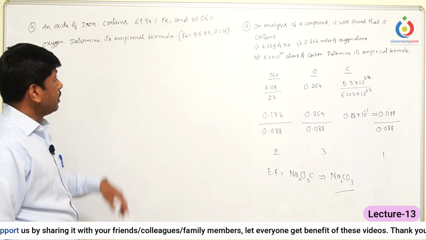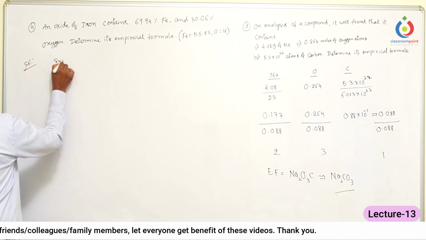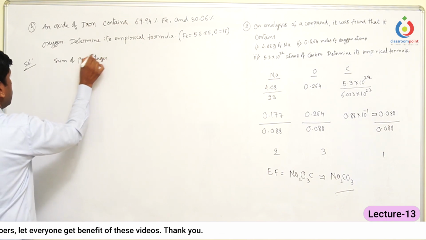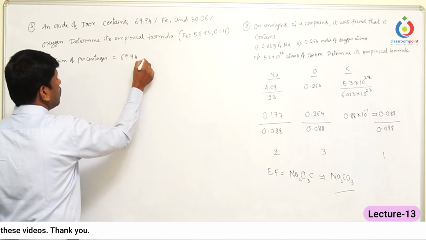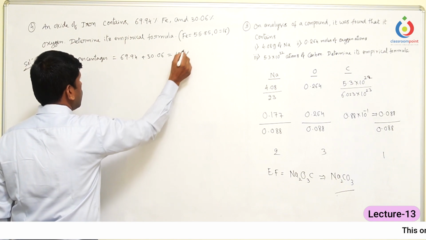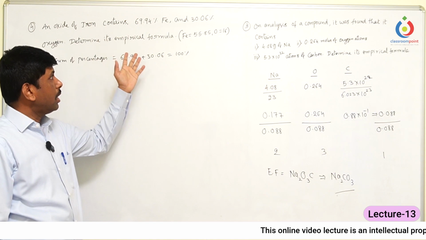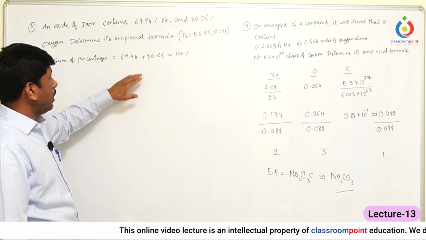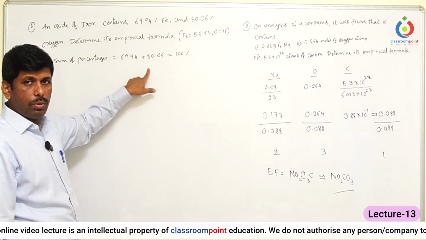So let us first sum these percentage values. Solution: sum of percentages equals 69.94 plus 30.06, which is approximately equal to 100%. So only iron and oxygen are present in this particular molecule, and whenever oxygen is separately mentioned, it is not necessary to go with the first and second steps.